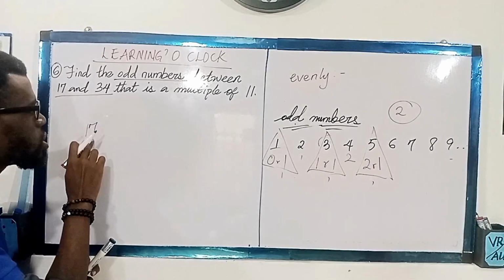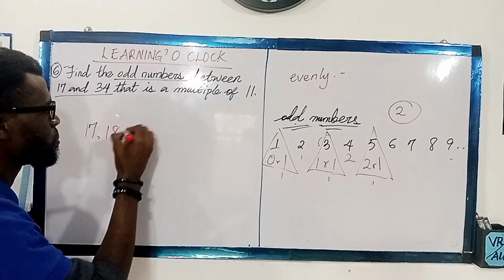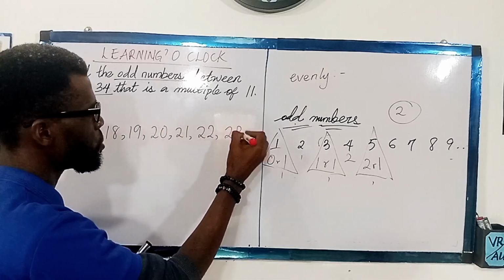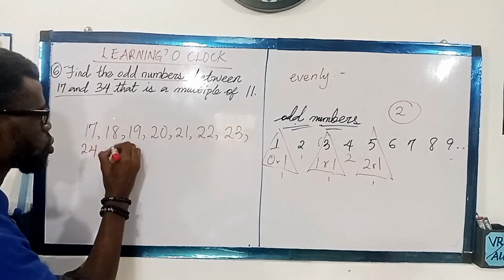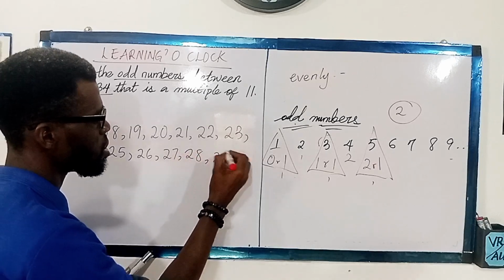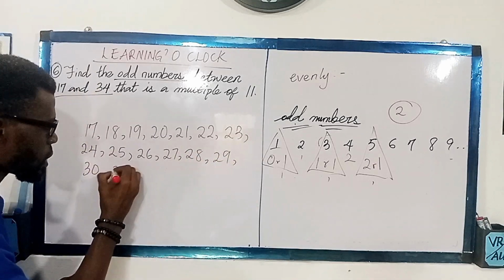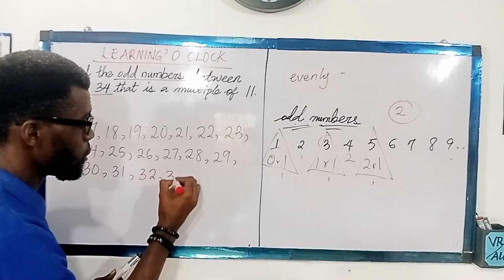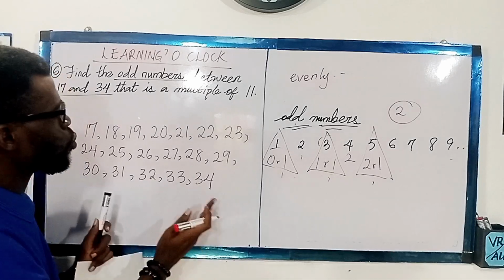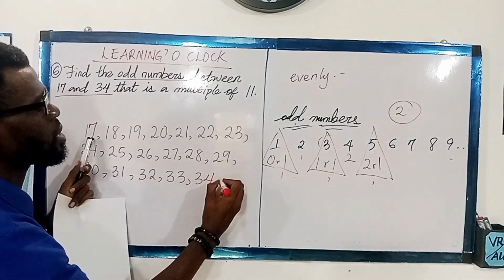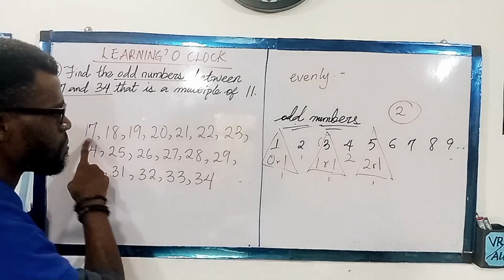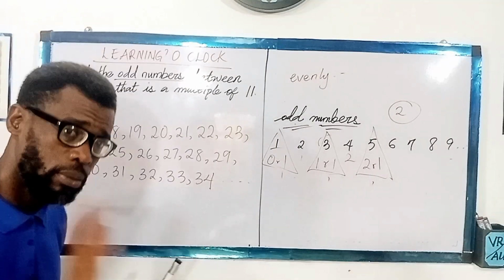So between 17, 18, 19, 20, 21, 22, 23, 24, 25, 26, 27, 28, 29, 30, 31, 32, 33, 34. Boom, that's where we stop. So between 17 and 34, anything after 34 is not needed. It has to be between 17 and 34.